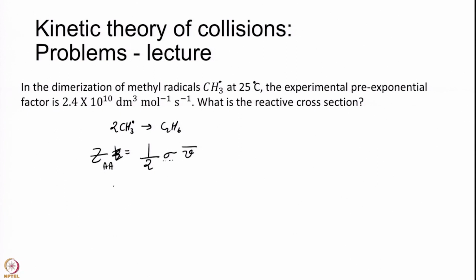The units that they have provided are liter mole inverse second inverse. So, I multiply this by 1000 into Avogadro number. So, sigma is 2 ZAA divided by nu bar into 1000 Avogadro number. Okay.